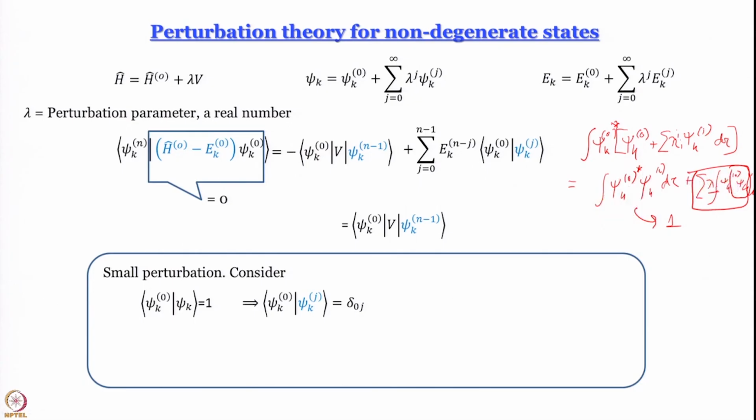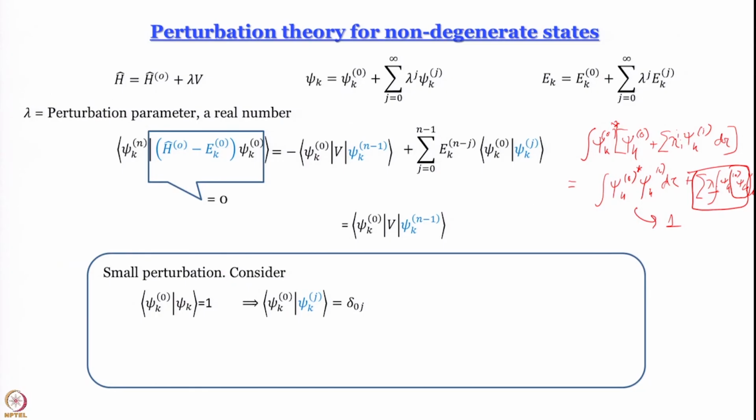So, we write this, integral psi k 0th star psi k jth integrated over all space, turns out to be delta 0 j, 1 for j equal to 0 and 0 for all other values of j.